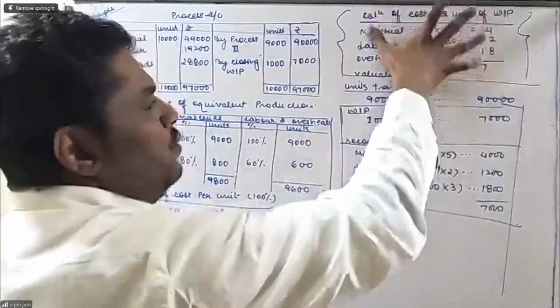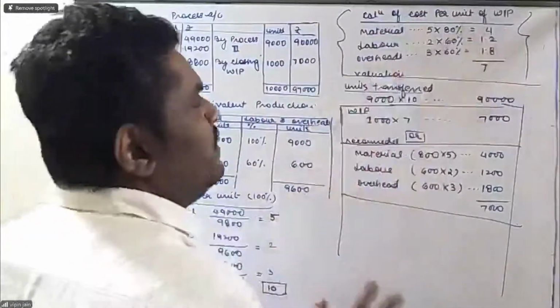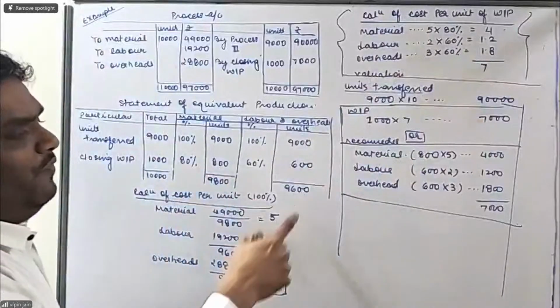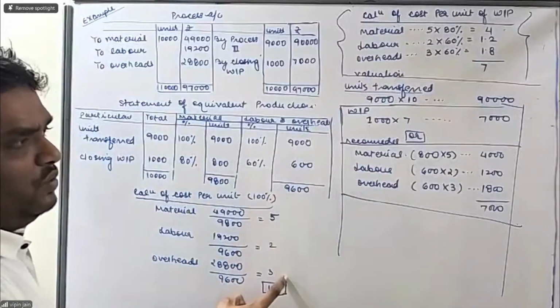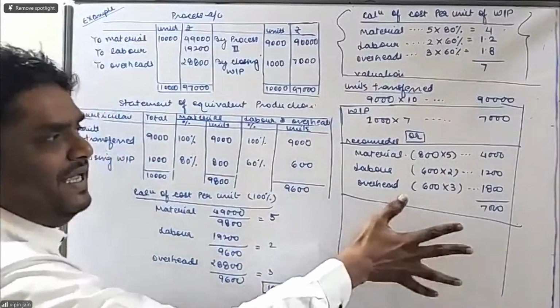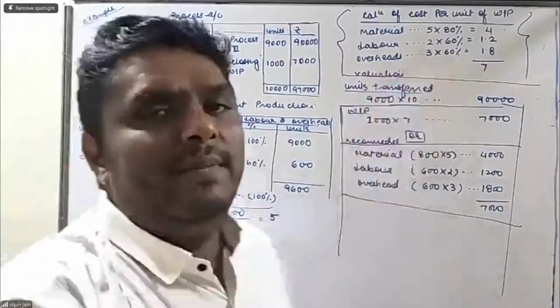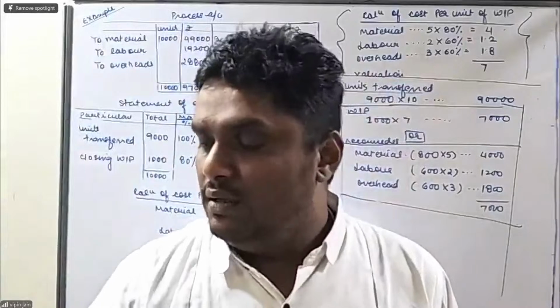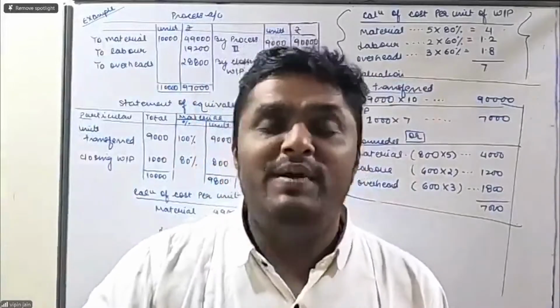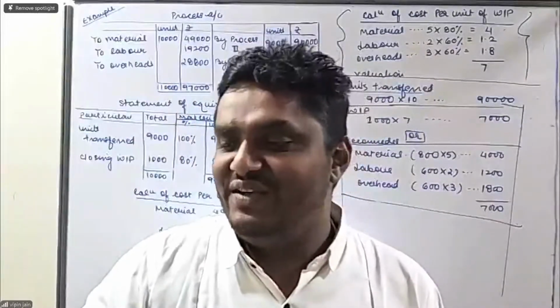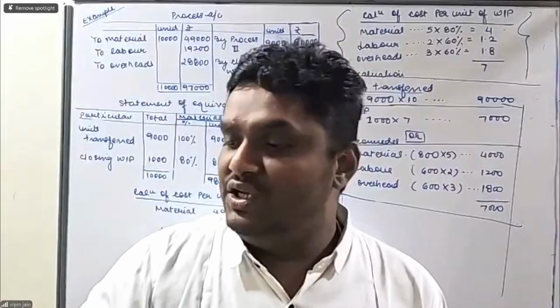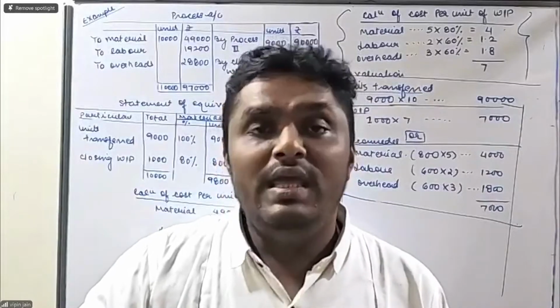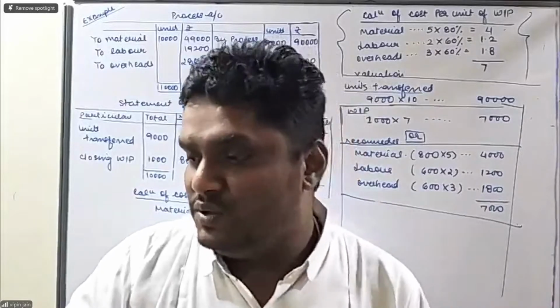If you don't want to make this working note, you can directly calculate: 800 into 5, 600 into 2, 600 into 3. So this method is easier and recommended. Further, if you use the other method, chances are that you will make some mistakes. So I'm done with this explanation. If you guys have any doubts or queries in relation to the basic equivalent production, please post your query.